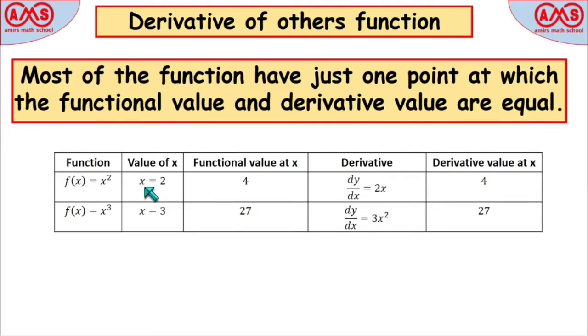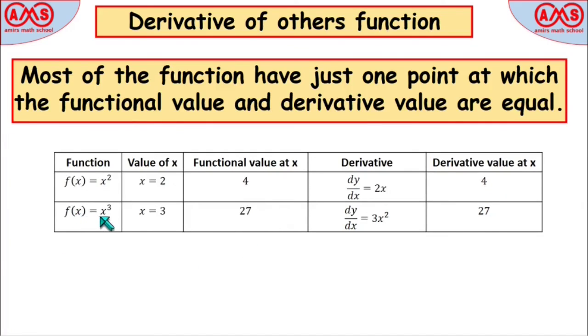That is, at x equal to 2, for the function f of x equal to x squared, the functional value is 4, and also the derivative value is 4. So for f of x equal to x squared, we have one point where the functional value and derivative value are equal.